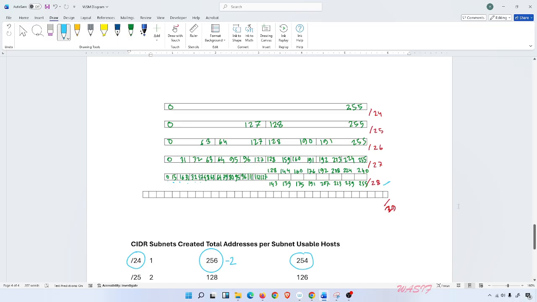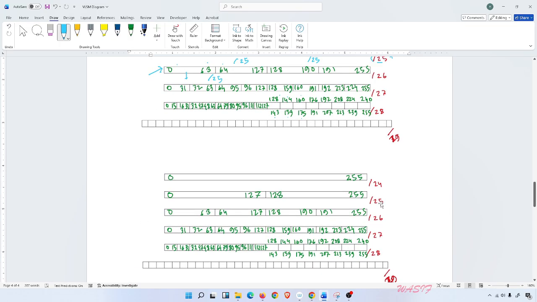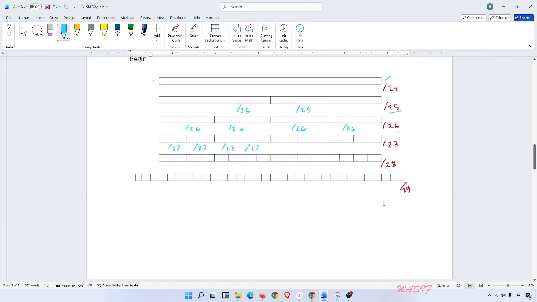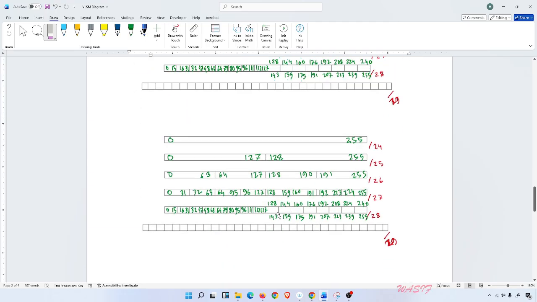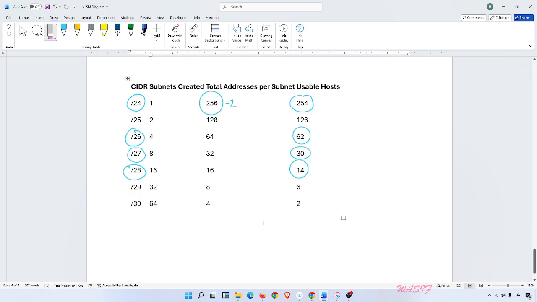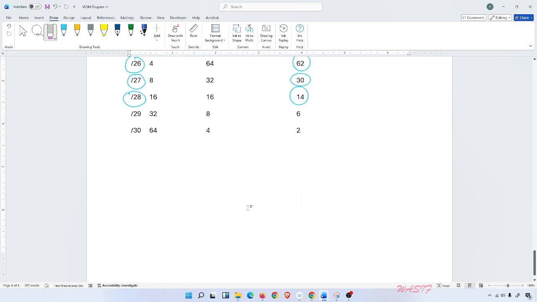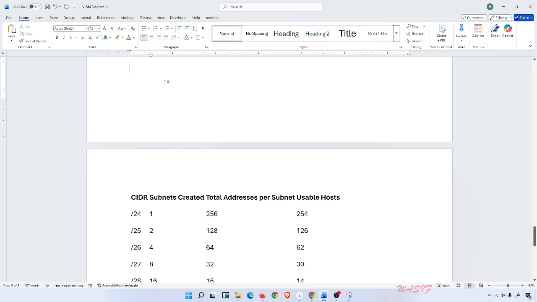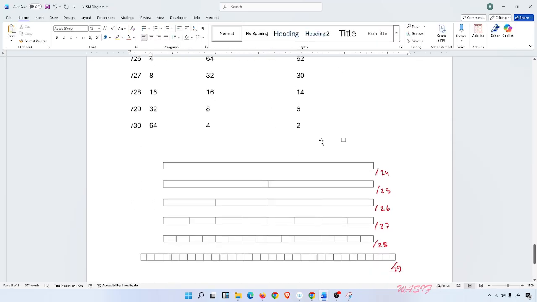Now, what we're going to do here is, okay, I have this table and I have this one.